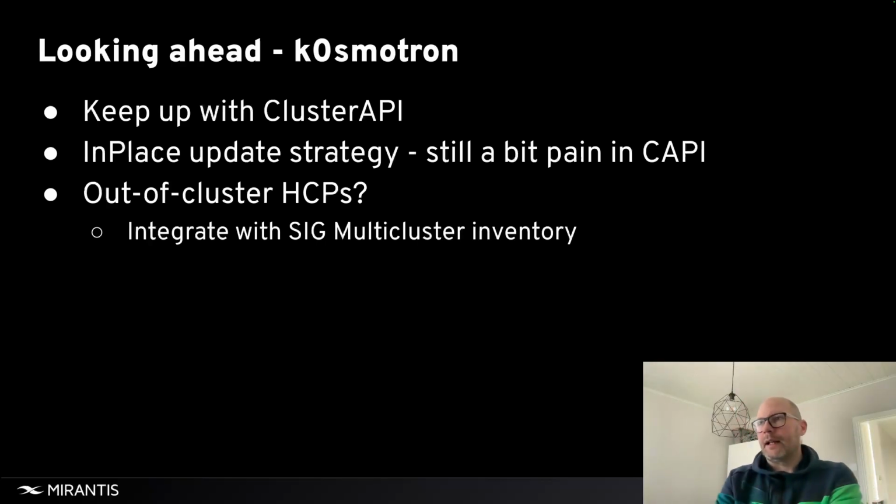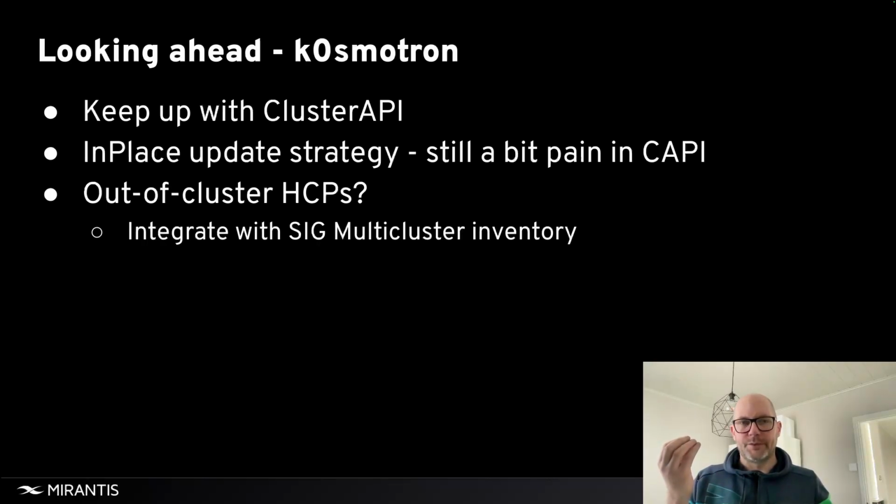Another thing that has been requested on Cosmodrome is out-of-cluster hosted control planes. What Cosmodrome currently does, when you create the custom resource to get a control plane, is boot up the control plane pods within the same cluster where the custom resource lives, right? I mean, that's quite obvious.